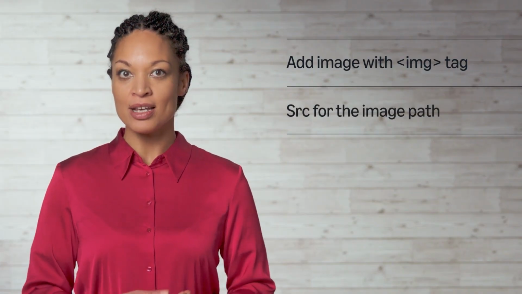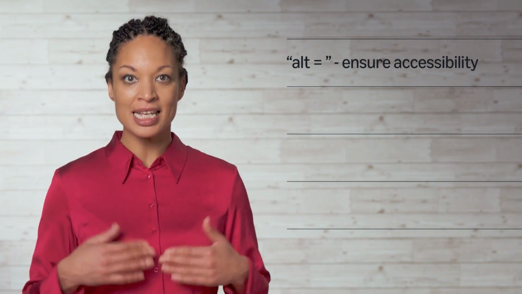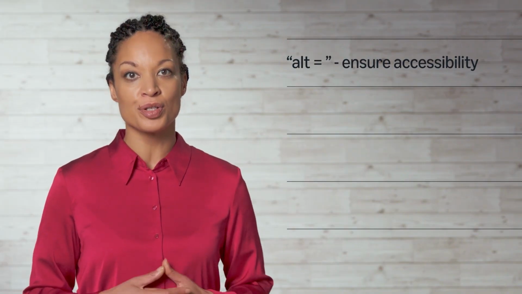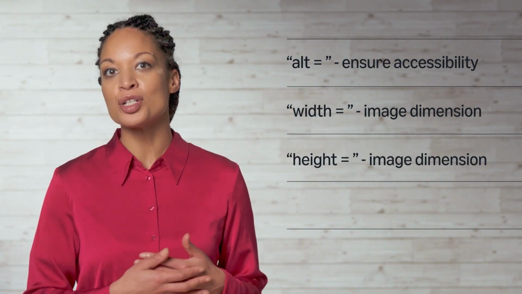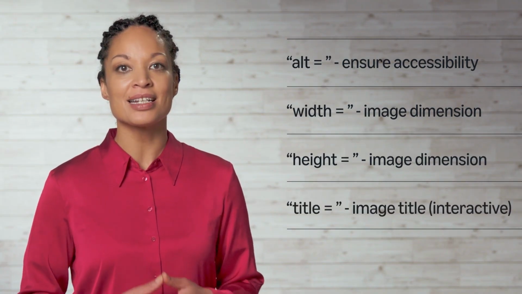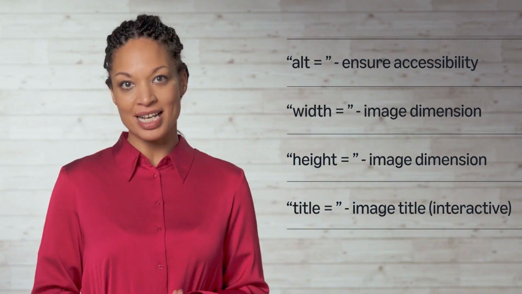This video has shown you how to use the img tag to add images to your web pages and how to specify an src for the image path. You learned about the importance of adding an additional text description using an alt attribute, which ensures that the images are accessible to all users. You now know that width and height attributes can be used to control dimensions, and a title attribute can add hover text.